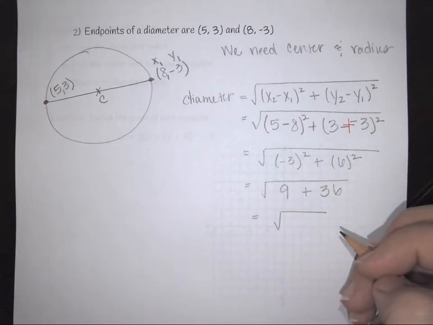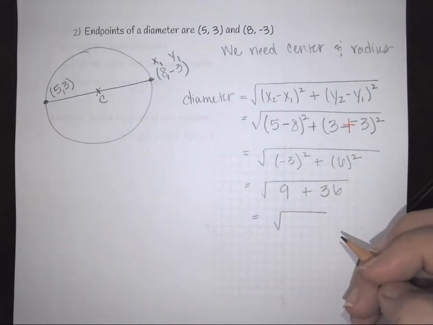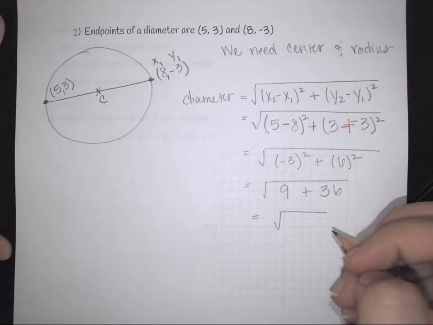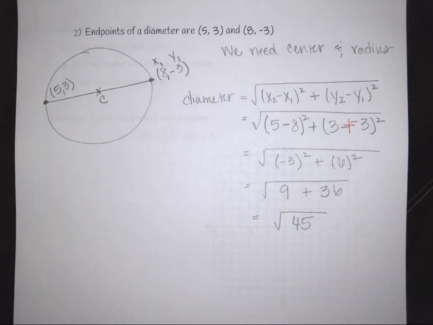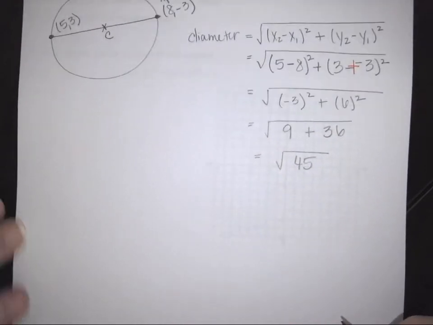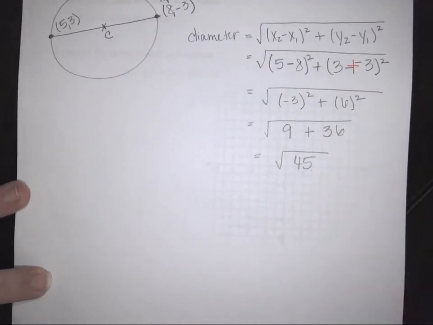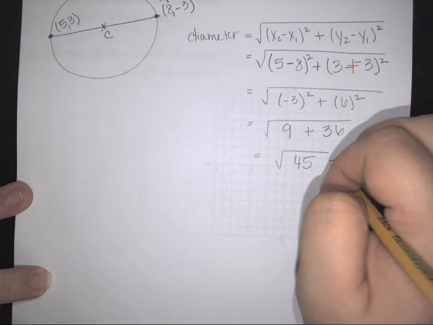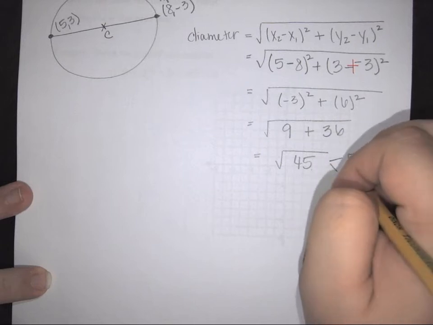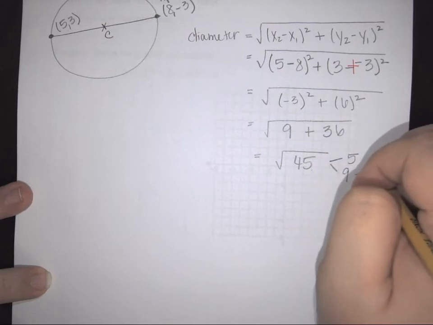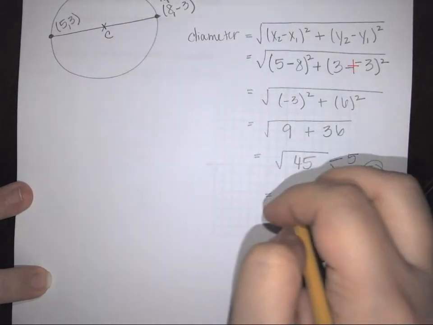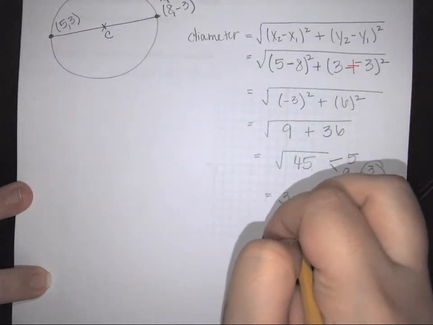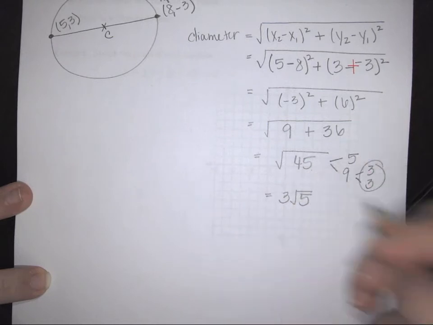When we look at 9 plus 36, you end up with 45. Again, we can reduce 45, so if we look at it, we know 45 can reduce to 5 and 9, and 9 reduces to 3 and 3. So this can actually become 3 square roots of 5.